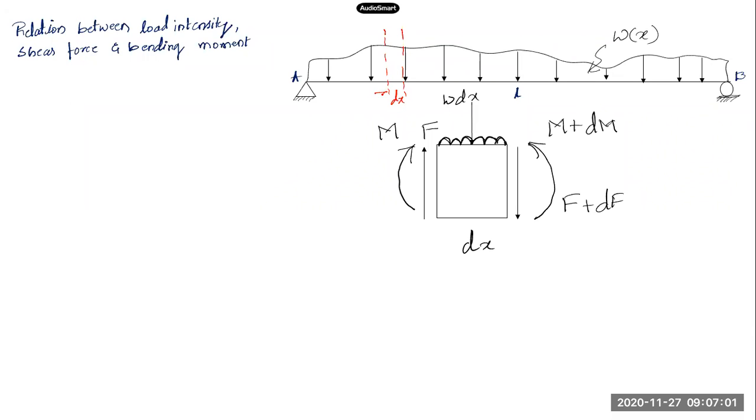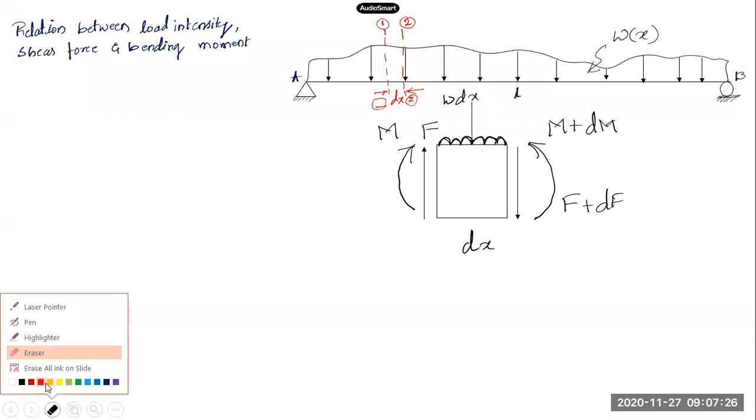I'm going to take out this portion of the beam. I'll call this section 1-1, and this is my section 2-2. The distance between section 1-1 and 2-2 is dx, a small distance x on the span of the beam.